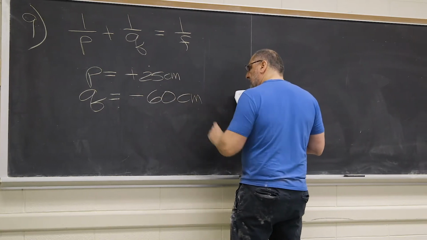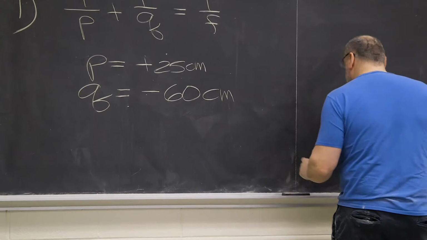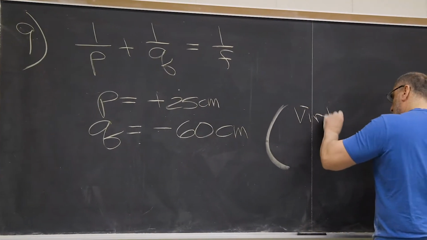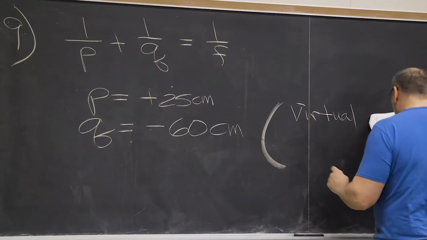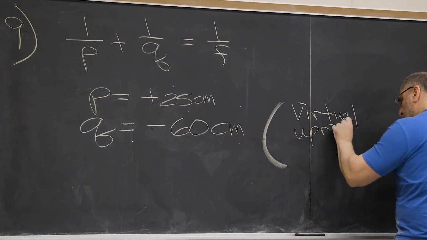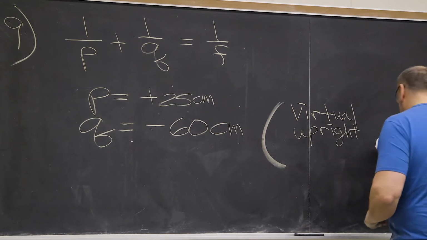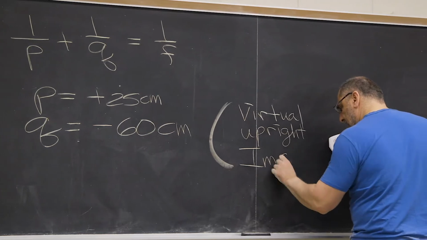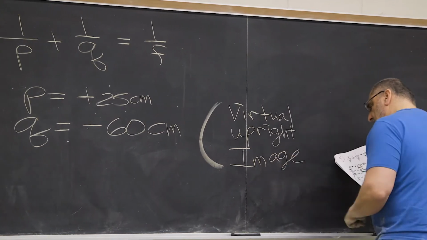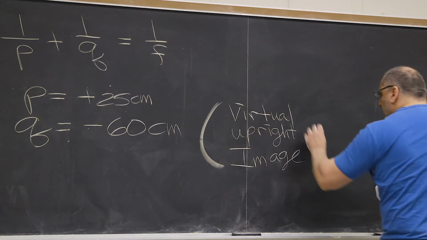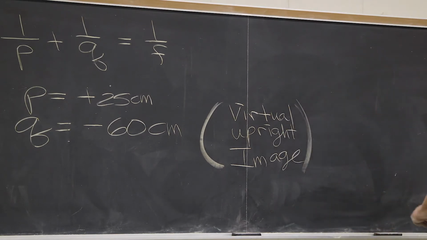This is interesting. Let's talk about this. This is going to be a virtual upright image. If it's a virtual upright image, it's as though we see it somewhere in front of us.